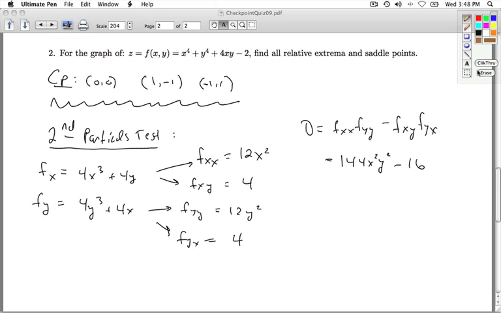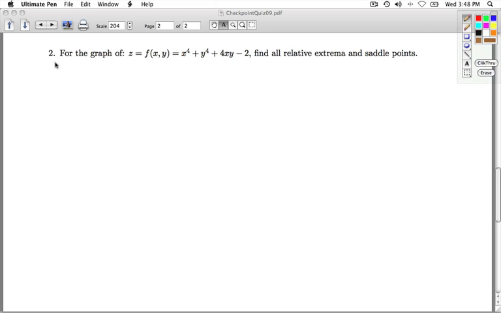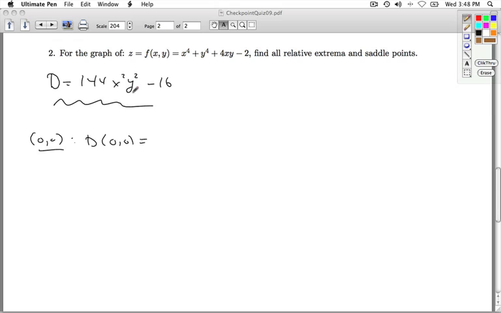So this is my D. So now I look at each of the critical points. 0, 0. D at 0, 0 is going to be negative 16. And what's important about negative 16? It's less than 0. And if D is less than 0, we have a saddle point.